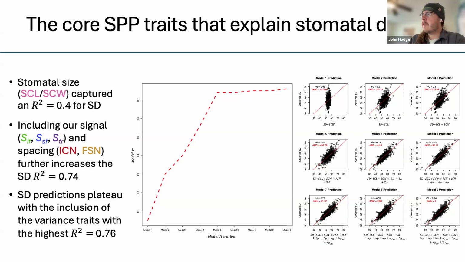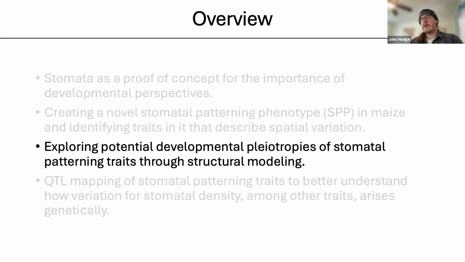And so one of the first things that I wanted to think about was if we could use structural modeling to capture the patterns of interaction between these traits, both between themselves and between stomatal density, and then ask, can we see signatures of developmental sequence in those interactions?